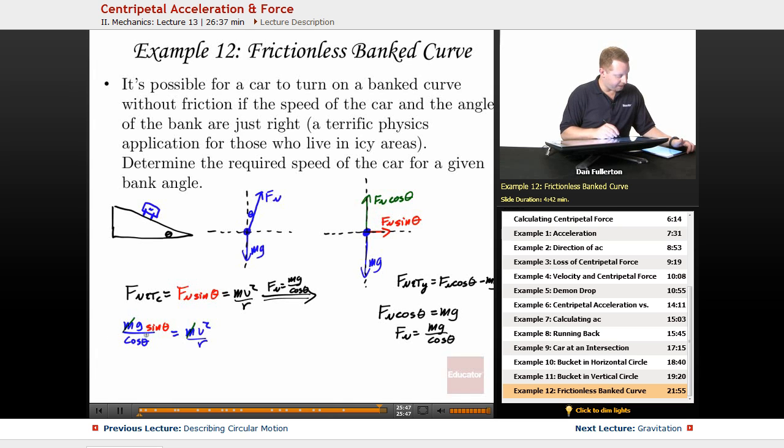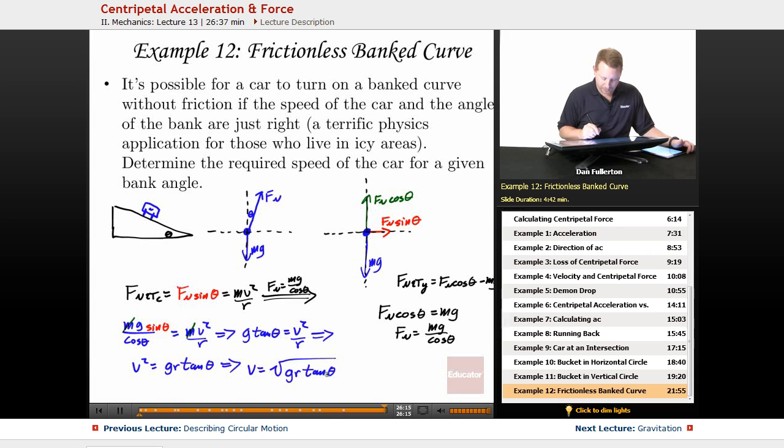And by the way, sine theta over cosine theta, that's the tangent function. So therefore, g times the tangent of theta equals v squared over r. Or, to solve for the velocity, v squared equals gr tangent of theta. Or to get v by itself, take the square root. V equals the square root of gr tangent of theta.